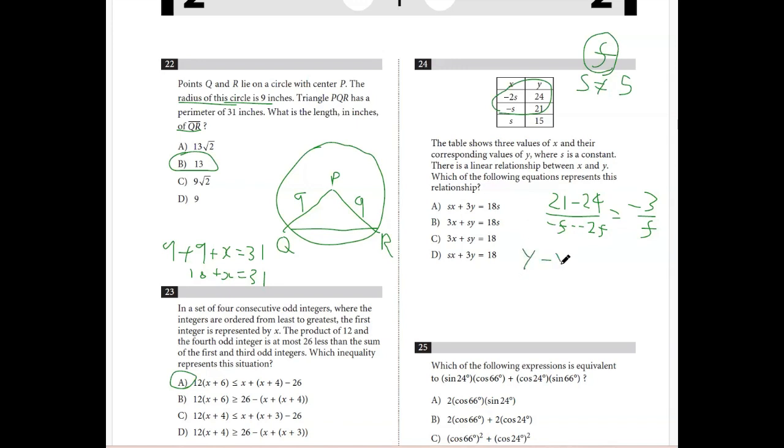We know that this is the formula for the linear equation. So I'm going to put 15 for my y. So y minus 15 is equal to... Now I'm going to multiply everything by f because I don't want the f in the denominator. So minus 3x.